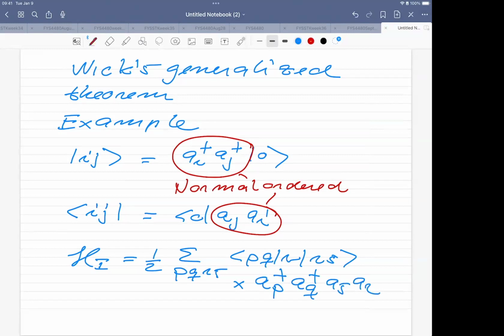Now, if you look at this operator as well, we will call this a normal ordered operator because we have creation operators to the left and annihilation operators to the right. In the case where we only have creation operators or only annihilation operators, this is by default normal ordered. So this is also what we would call a normal ordered chain of operators.